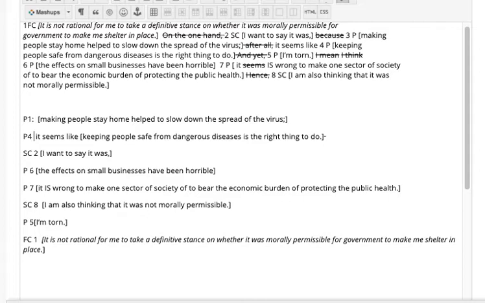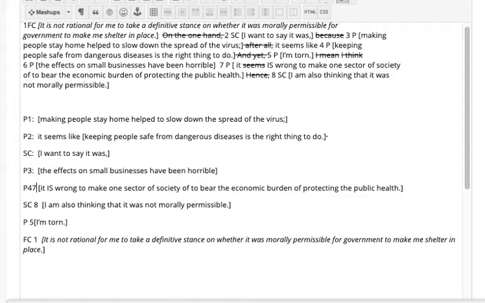All right, so now that we've got that done, we need to work on the numbers. So statement 3, a premise, becomes premise what? 1. Statement 4 becomes premise 2.